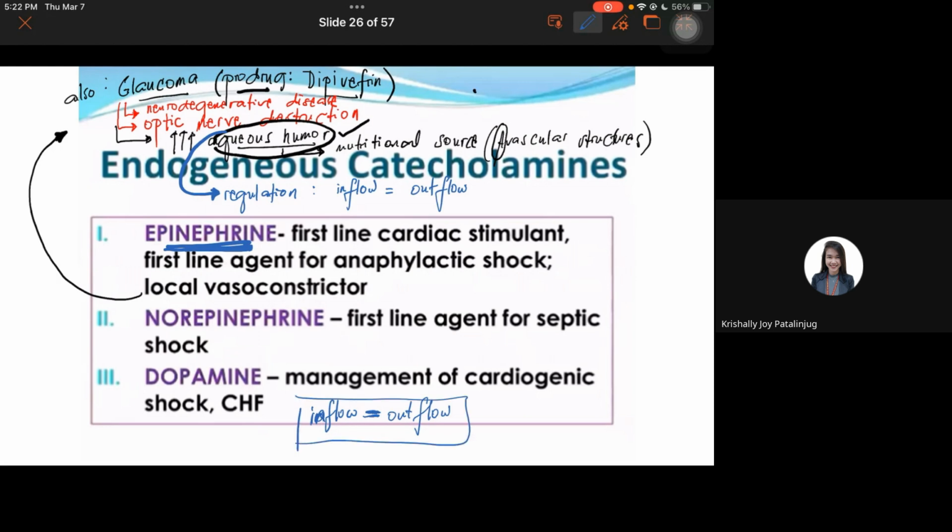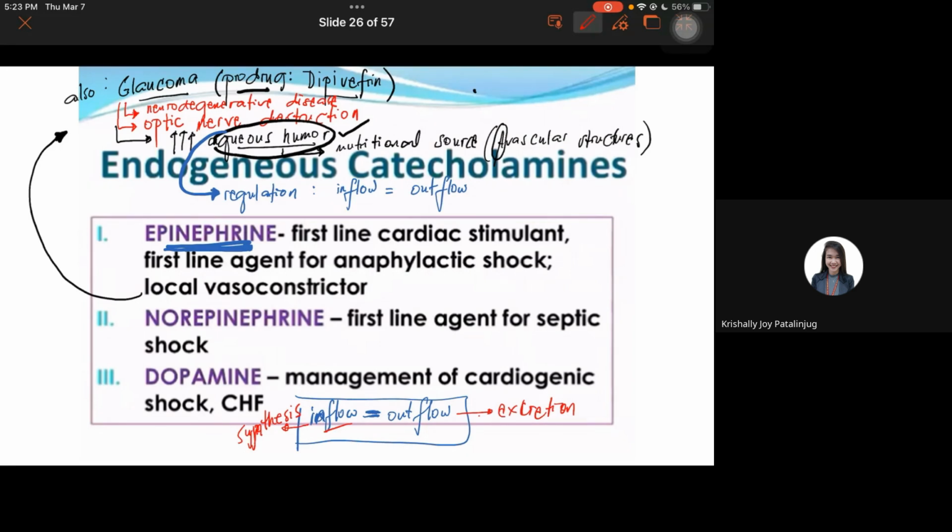Pag sinabing inflow, it has something to do with the synthesis ng aqueous humor. Okay? Whereas, ang outflow, it has something to do with the release or excretion of aqueous humor. So, kung mayroon kag inflow, yun yung paggawa ng aqueous humor. Then, outflow, yun yung pag-excrete, no? Ng aqueous humor.